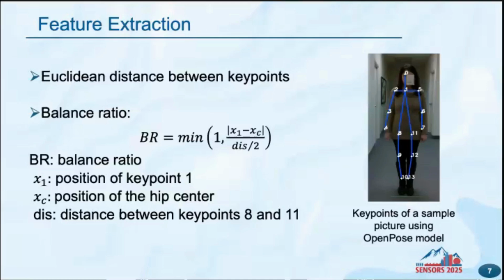The balance ratio can also help us see if they can maintain their balance. It shows the alignment between key point 1 and the hip center, which reveals if the participant cannot stand in their place, or is going back and forth, or oscillating.